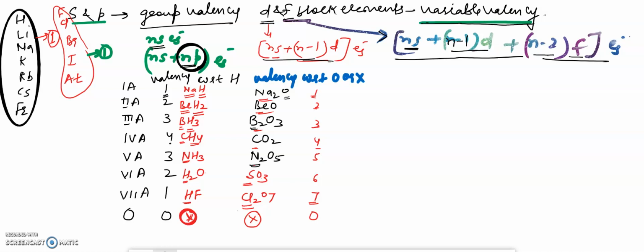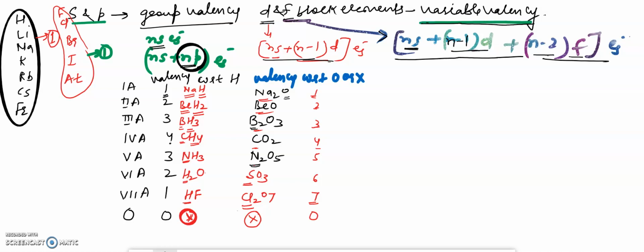Now see, this was about the first group, second, third, fourth, fifth, sixth, seventh and 0 group elements, that is S and P block elements. Later in the transition metals chapter we will discuss the variable valencies of D and F block elements. Now see, as I told you, covalency may or may not be equal to oxidation number, but electrovalency or ionic valency will always be numerically equal to the oxidation number or charge.